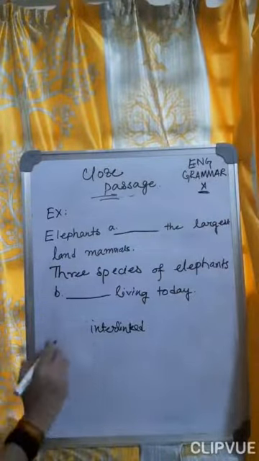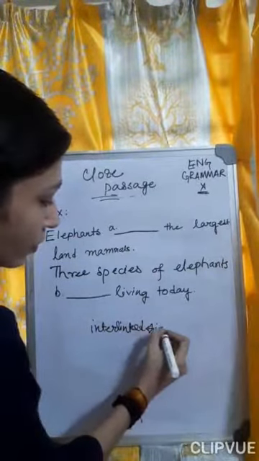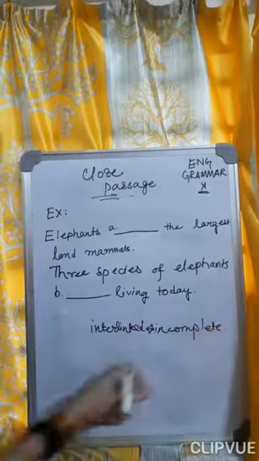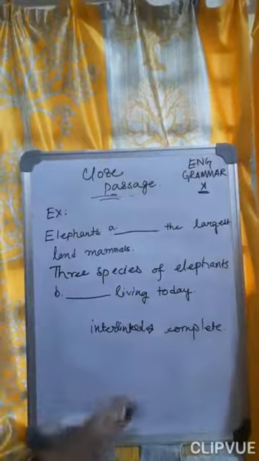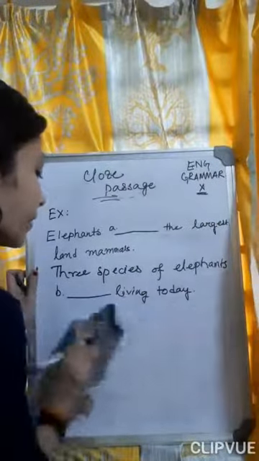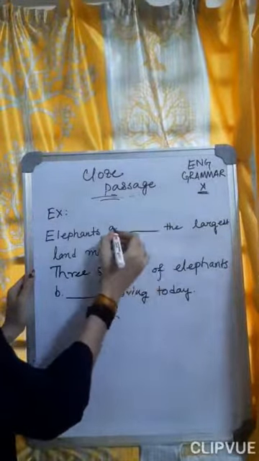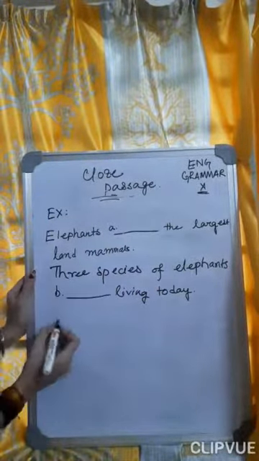So here are interlinked lines which are incomplete. What you have to do is complete these lines. How will you complete them? Here is one dash where A is written. Here is the second dash where B is written.